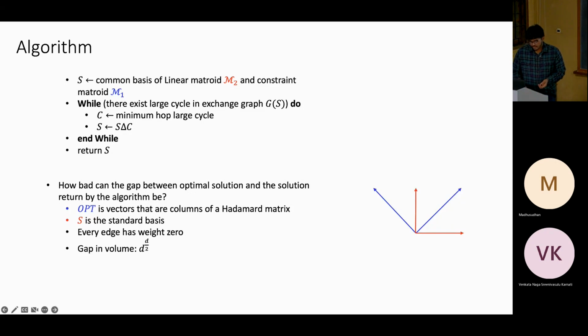A cycle is large if the number of vertices is, let's say, C in that cycle, then the weight has to be more than order C log C. The constants we choose carefully so that everything works out, but that's basically the idea.